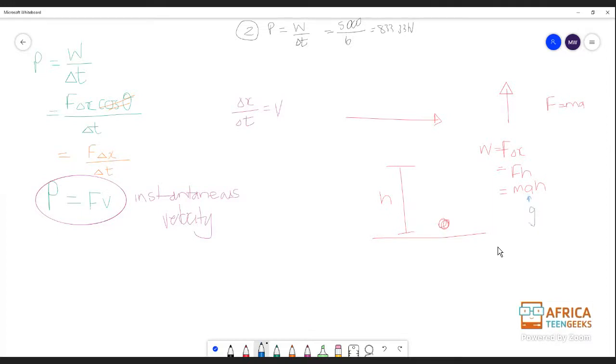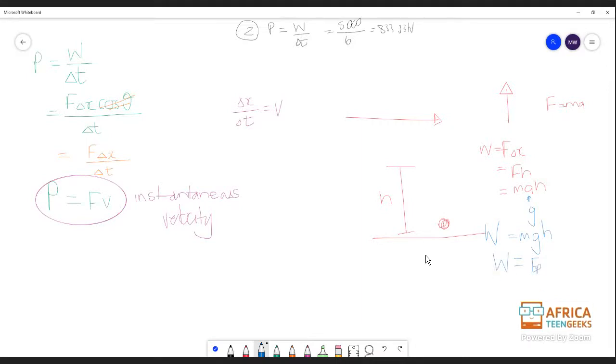So remember, when you are dropping something from a height or you are throwing something up vertically, we always use gravitational acceleration, so 9.8 meters per second squared. Then your formula for work will become mass times acceleration, which is gravity, times height, and this is potential energy.